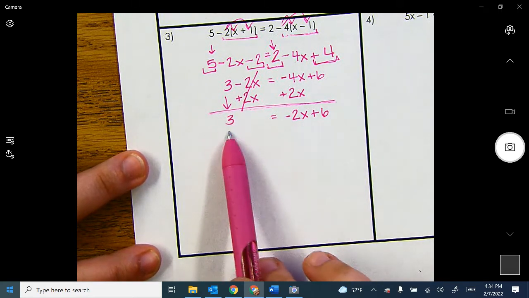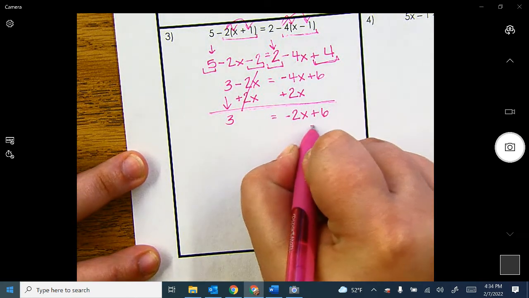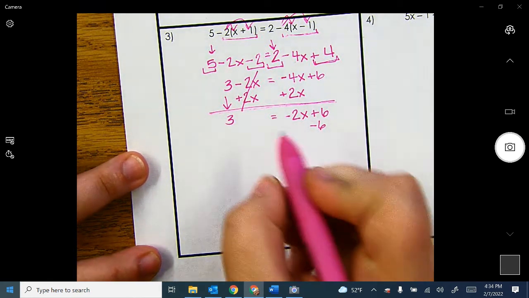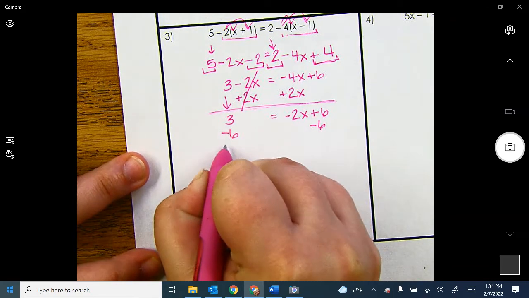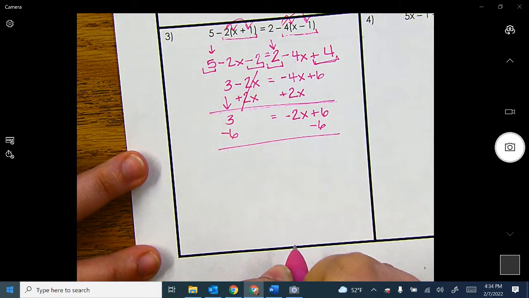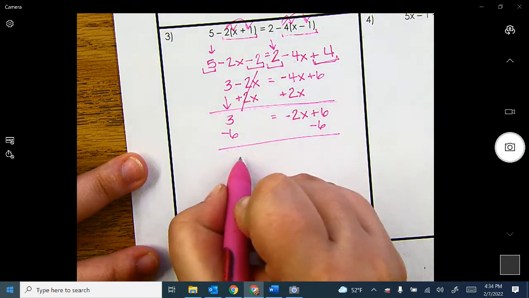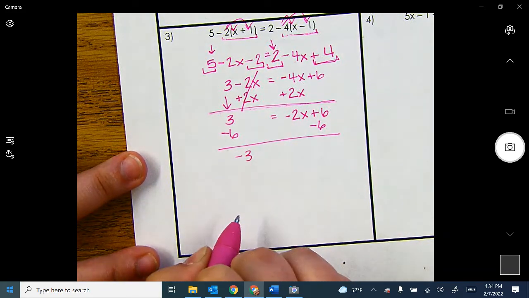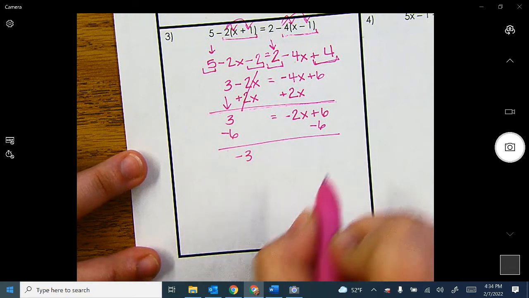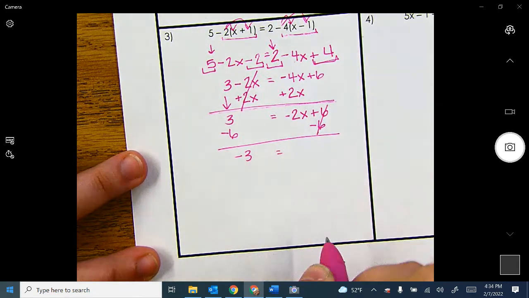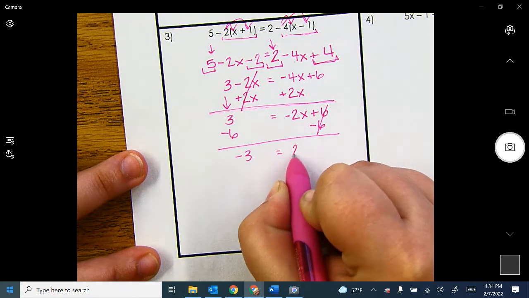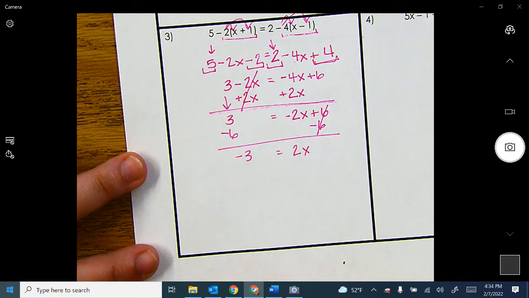So instead of taking away 3, I'm actually going to take away 6. But that means I have to do the same thing over on the left. So over here I have 3 minus 6. My answer is going to be negative now, so I have negative 3 on the left. On the right, those 6's went away, and I just have negative 2x. So negative 2x is equal to negative 3.